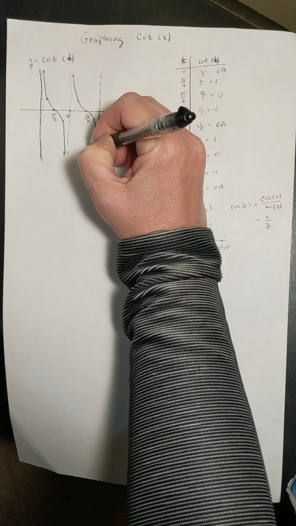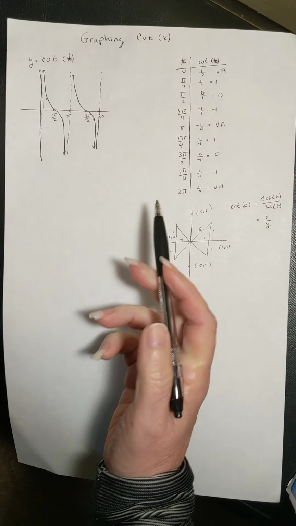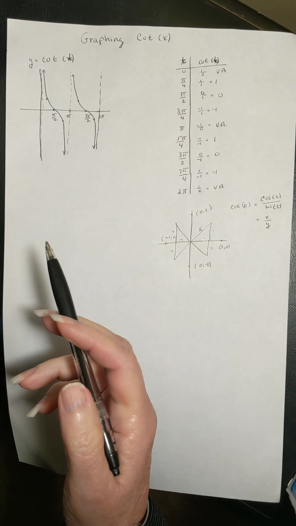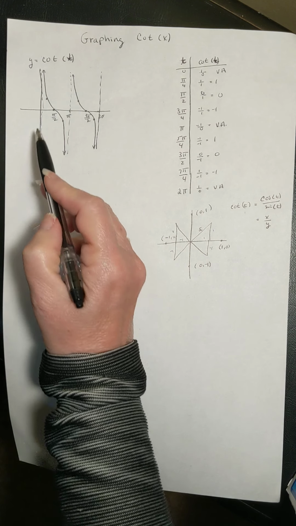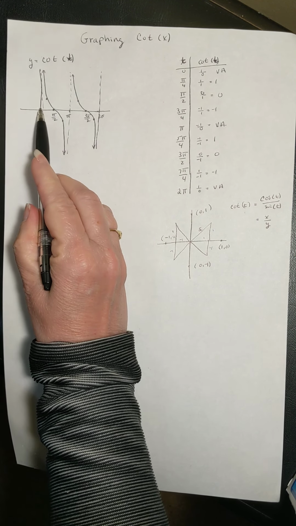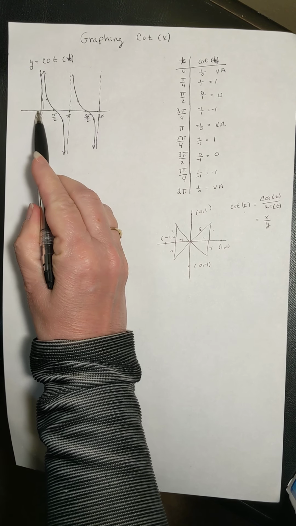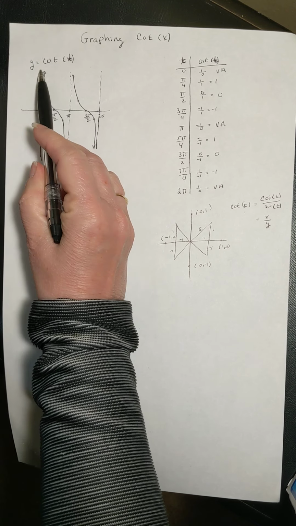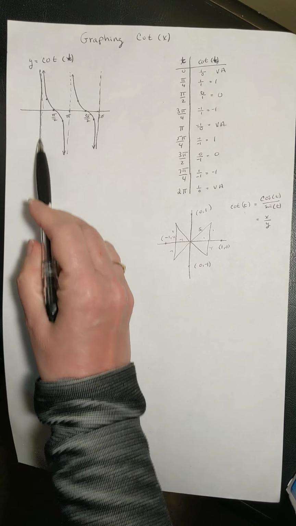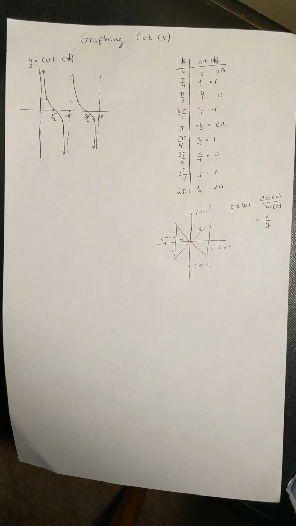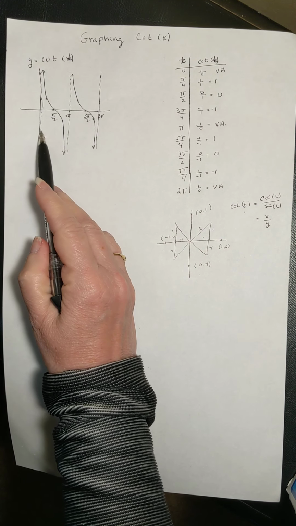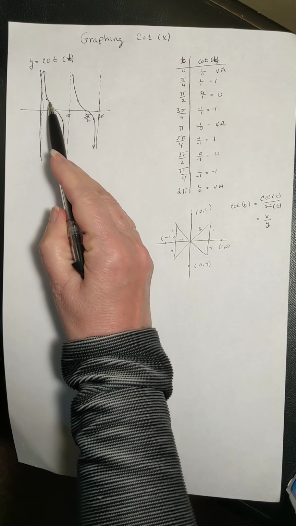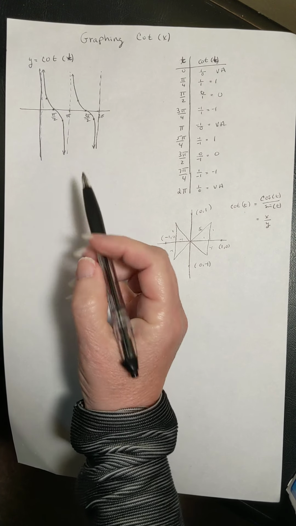And so notice that it looks a lot like the tangent function because it's a cotangent function. But remember, the tangent function started with a point on the origin. This one, the y-axis, is a vertical asymptote. So when you're looking at the cotangent function, it is going to be exactly the same, except notice this one goes down where the tangent function goes up.